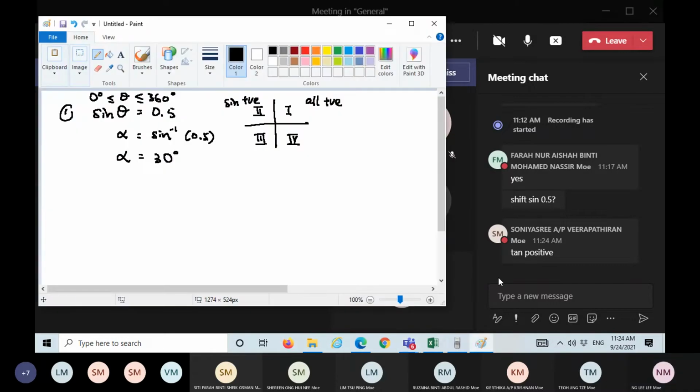Tangent is positive. Very good. The last one I no need to ask, this one will be cos is positive.